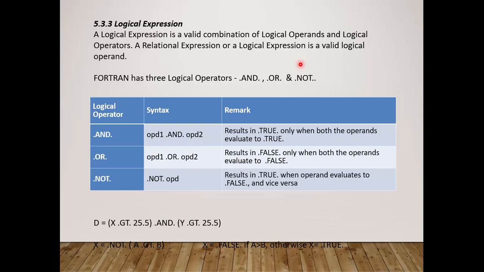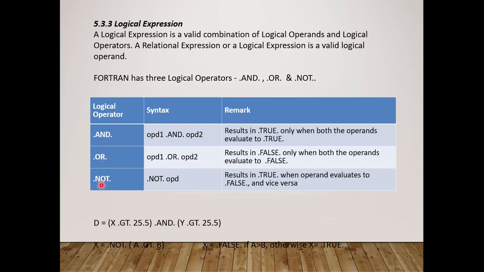The next one is the logical expression. In the same way, it is a valid combination of logical operands and logical operators. So what are the different operators in a logical expression?